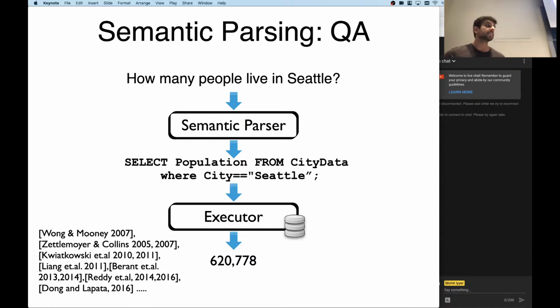So the learning signal is not as strong. This is a case of weak supervision, where you don't know the ground truth meaning representation, you only know what the correct answer after executing that meaning representation is. And we'll talk about a variety of ways to learn models in this kind of setting.